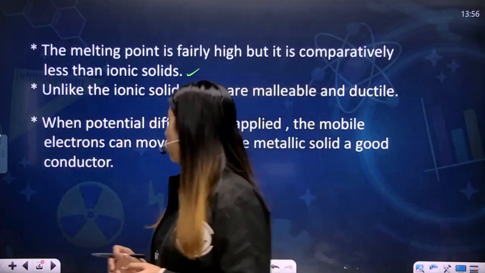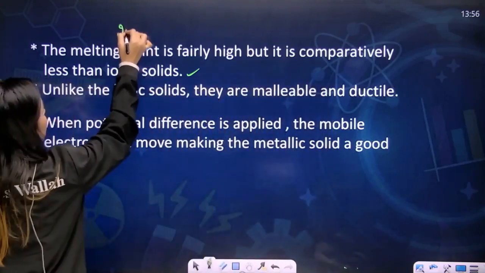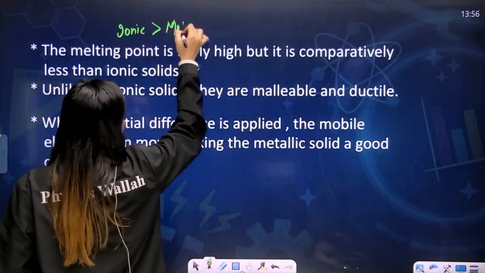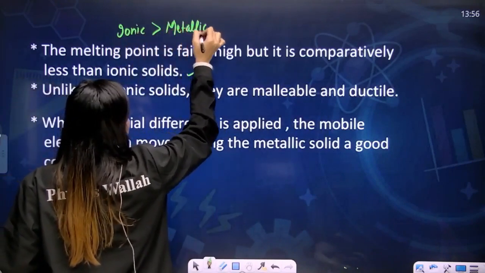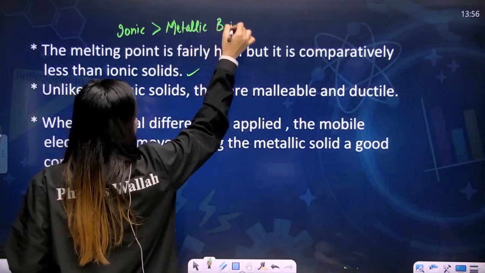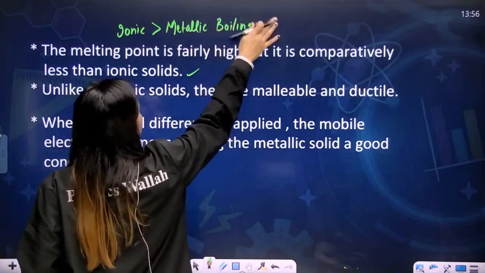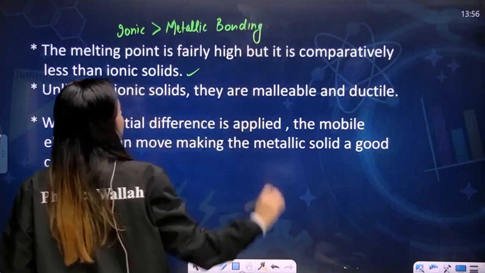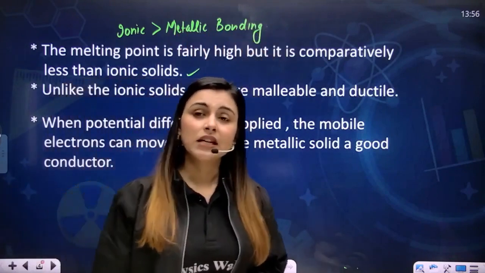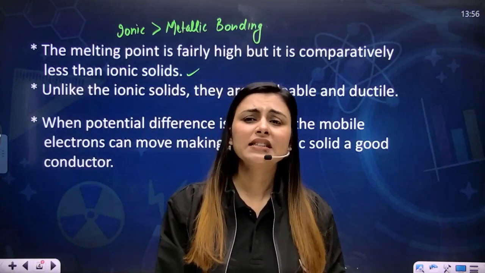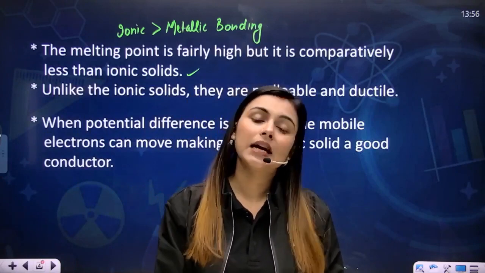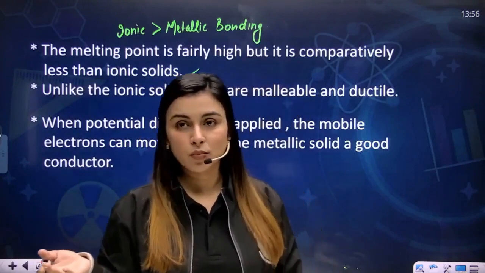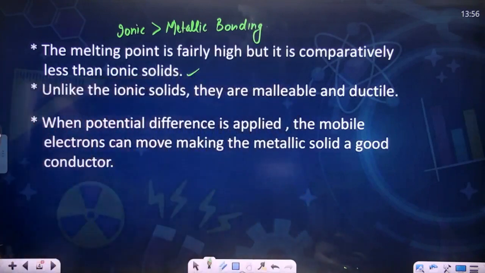So the bonding here, I can write that ionic bonding is a little bit stronger than the metallic bonding, and that is the reason the melting point is high. In metallic bonding, the melting point is high, but it is comparatively lesser than ionic bonding, because ionic bonds are even stronger than the metallic bonds. I hope you're clear with this point.